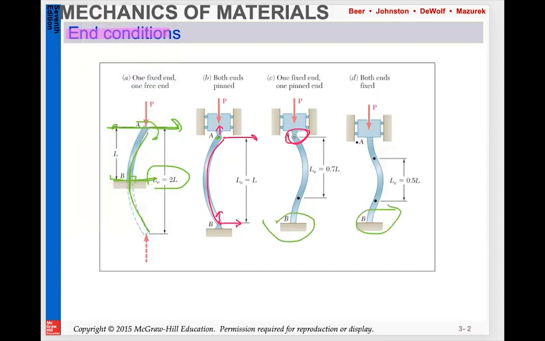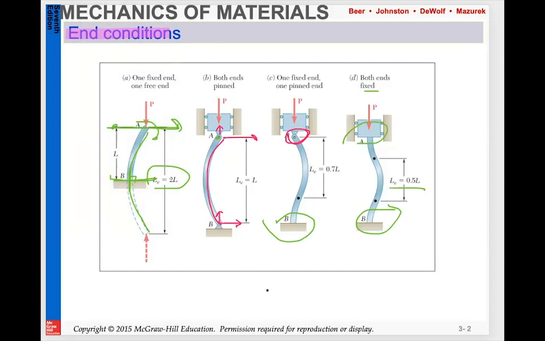If you look at the case where both ends are fixed, it's the most optimum condition for allowing the maximum load, because our effective length here is only half of the length.